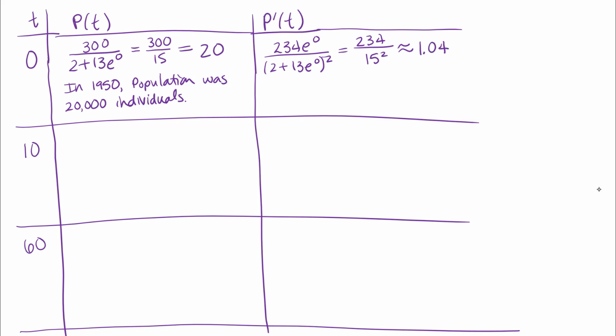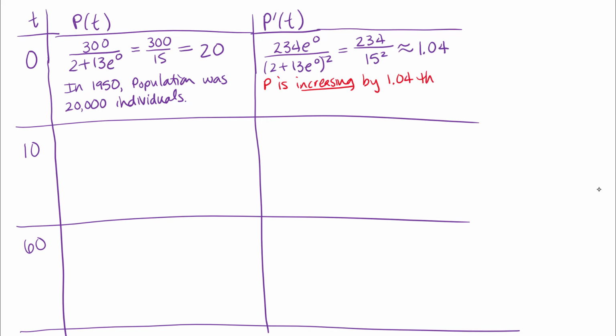1.04. Okay, so one of the key ideas here is to remember that a derivative is a rate of change. And so this tells us something about how p is changing. Since this is a positive rate of change, this tells us that p is increasing, going up, a positive rate of change, getting bigger by this number, 1.04 units of whatever p is.